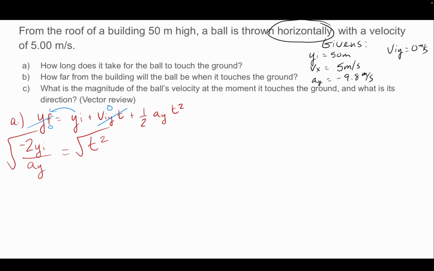So work this out. Don't have my calculator ready here. What do I got? You can probably figure this out before I actually get my calculator out. There we go. Okay, so we end up with negative 2 times 50 meters, and that is over negative 9.8 meters per second squared.